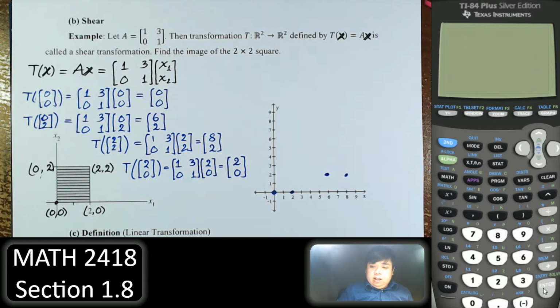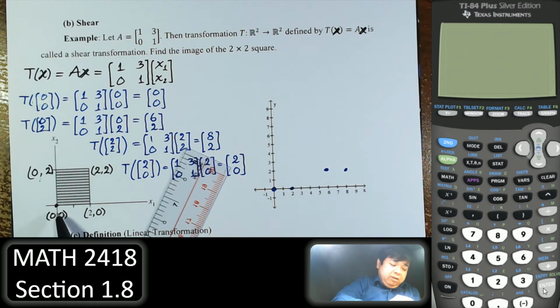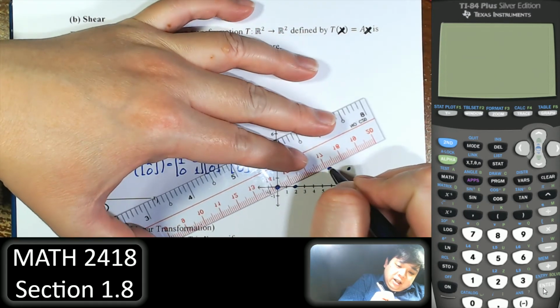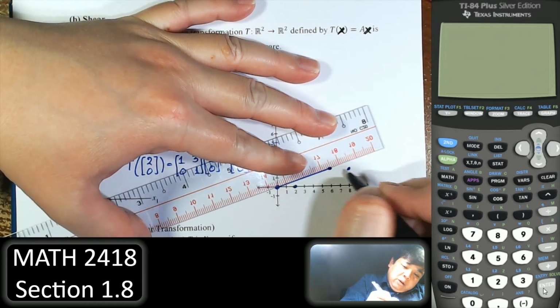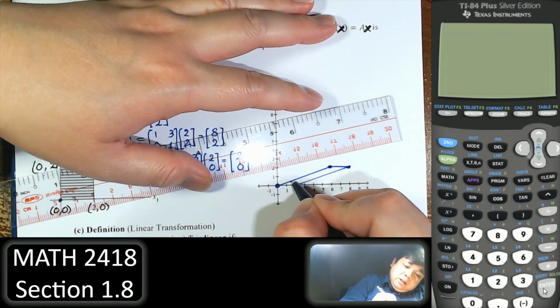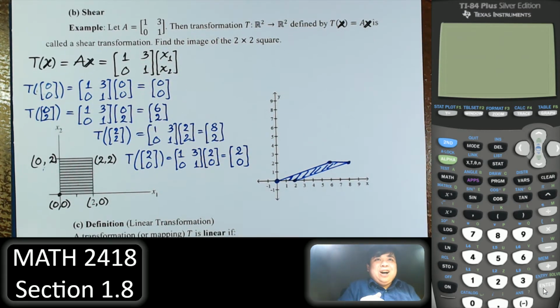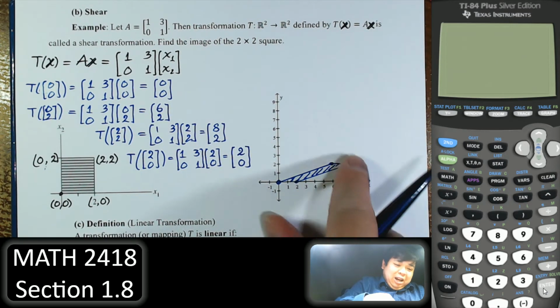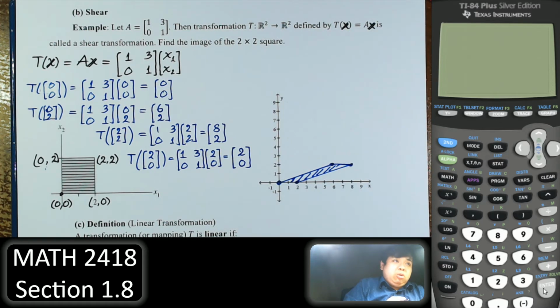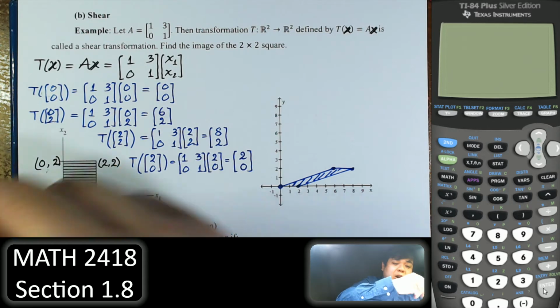Now, notice that in this linear transformation, it maps a square into a parallelogram. Of course, the coordinates should be the same, but if we write that, there's not enough space. Notice that the points will be in this order, one clockwise orientation.